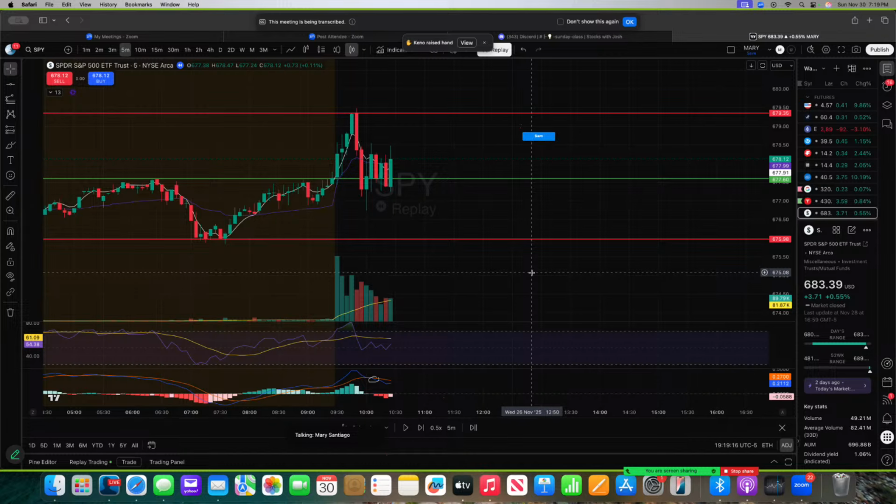Especially this sideways is pretty close, like 678, 677, so it's not much room. If this were trading from like 679 to 677 or 676, that would give us a little bit more of a push, right? But it's not giving us that much space to enter any trade.